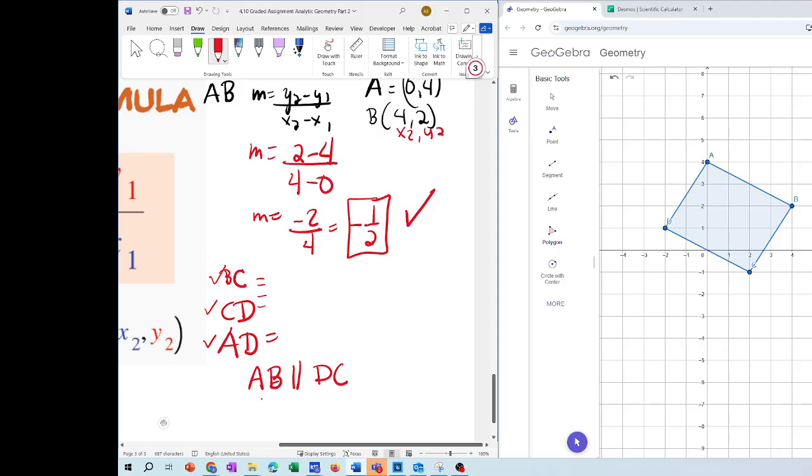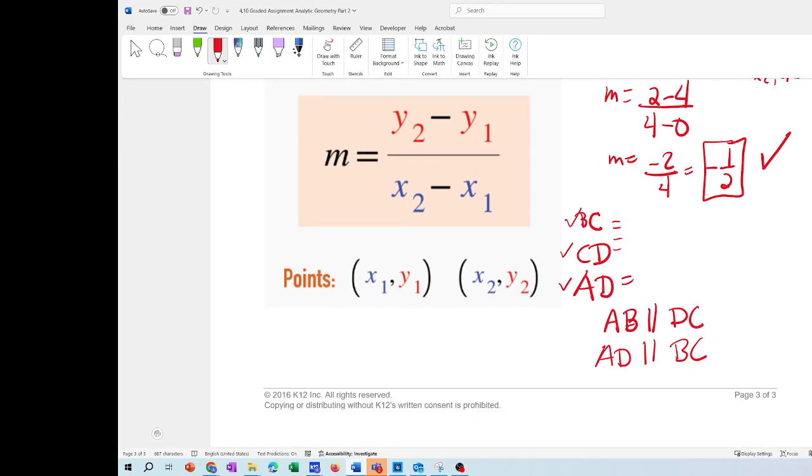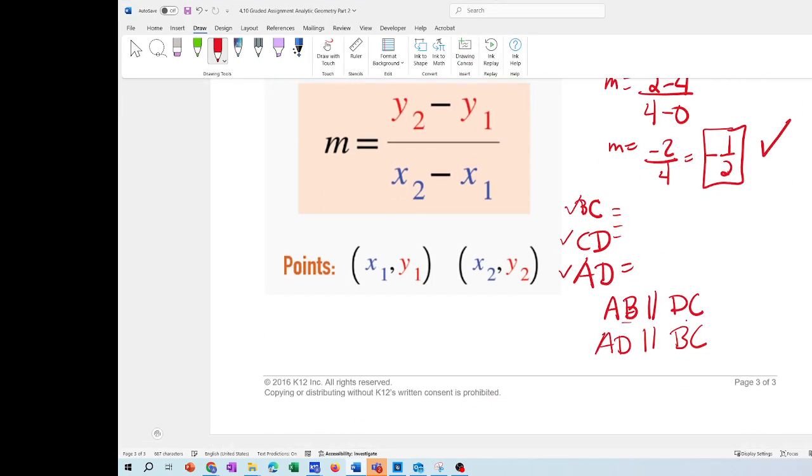And then AD is parallel to BC. So those ones should be parallel, so they should have the same slope. AB and DC should have the same slope, and AD and BC should have the same slope.